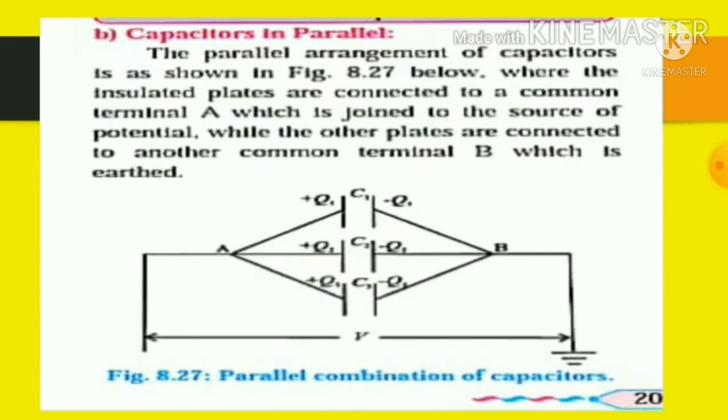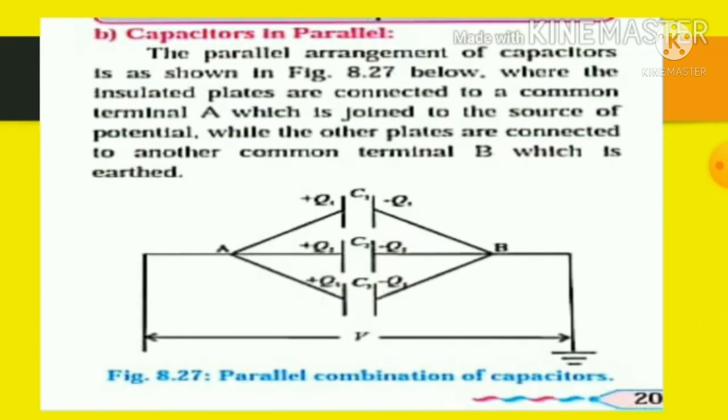Then the second plate of each and every capacitor is connected to the common point B, and then this common point B is connected to the earth or grounded.